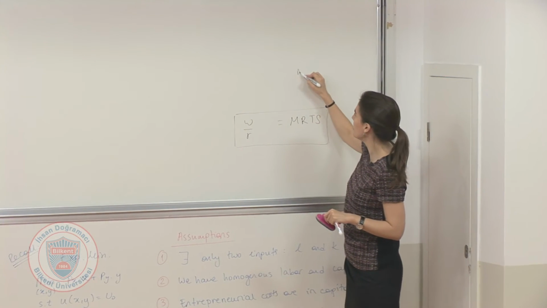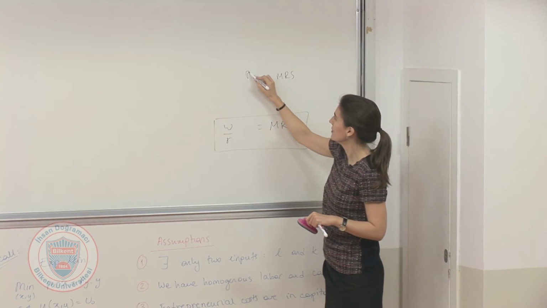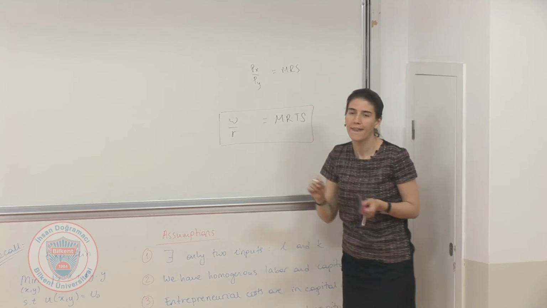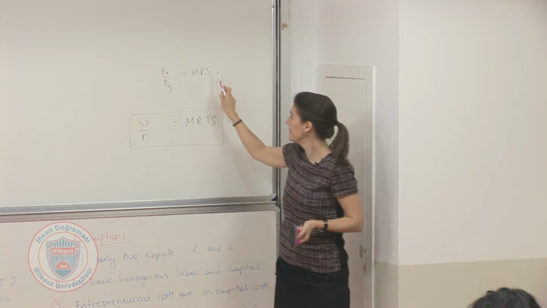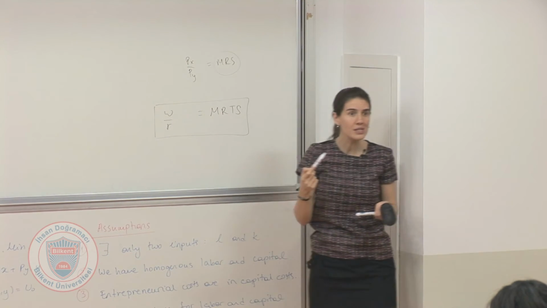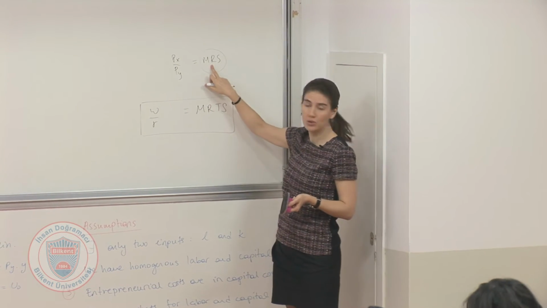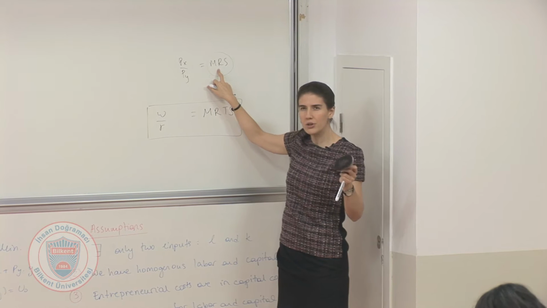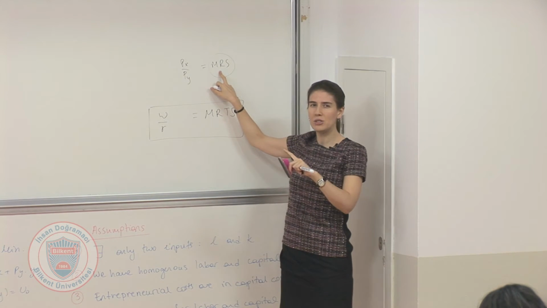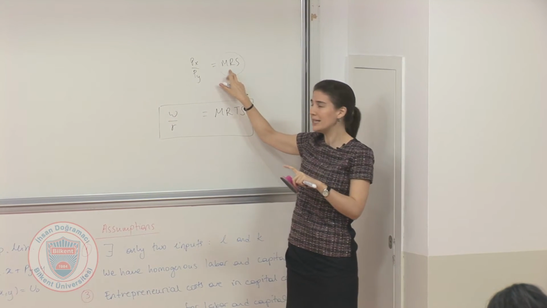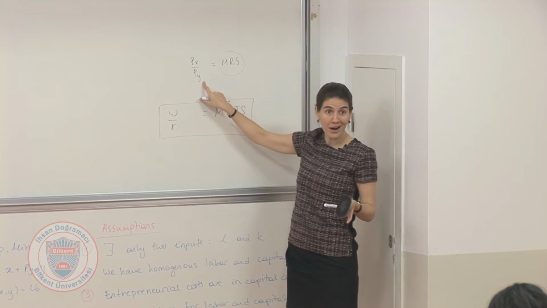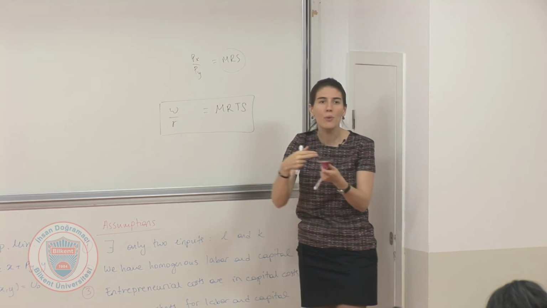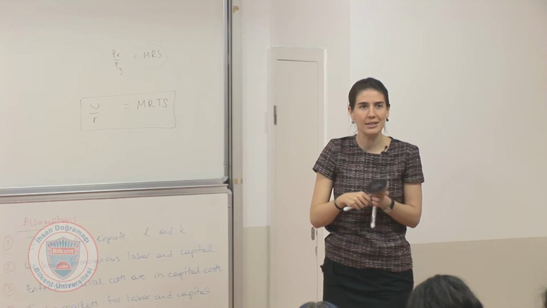Px over Py was how much you value: in order to have one more x, how much y you're willing to give up. And this was the market's value. At the optimal point, they should be equal.